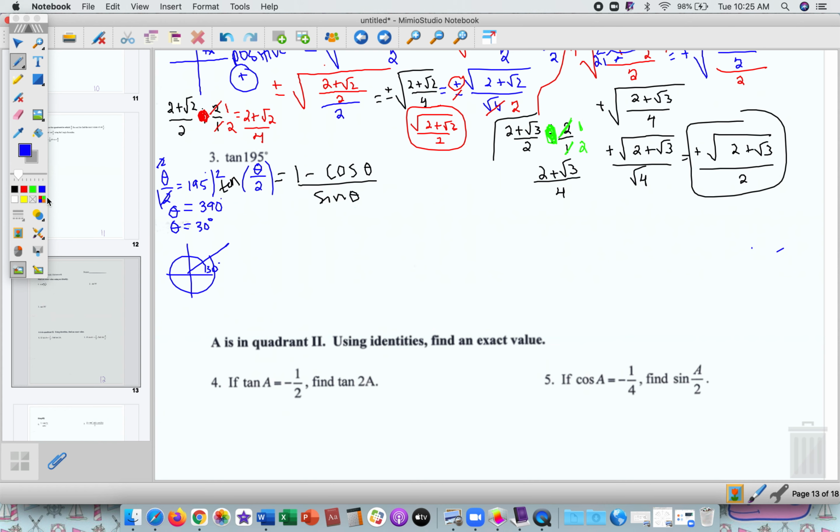We can replace theta with 30 degrees because that's the same spot as 390 degrees. And then we have 1 minus the cosine at 30 degrees. We're at 30 degrees. We have root 3 over 2, comma 1/2. So the cosine at 30 degrees is root 3 over 2. 1 minus root 3 over 2 all over the sine at 30 degrees is 1/2.